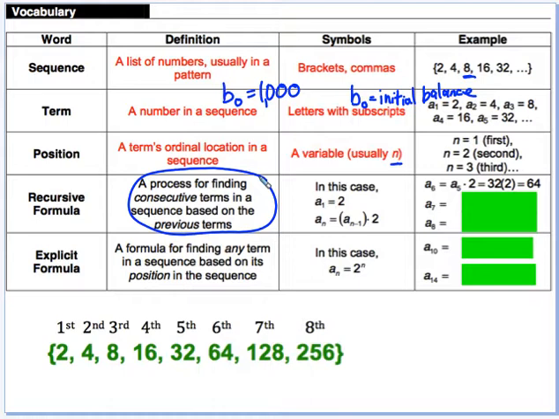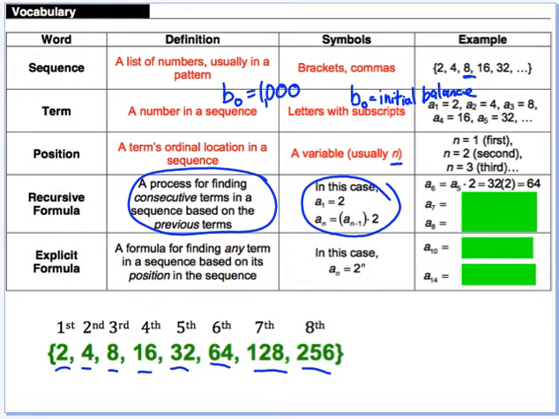Down here, we have this example. We have a sub 1, our first term, equal to 2, and to find the next term, we're going to multiply our previous term by 2. So in our pattern, we get 2, 4, 8, 16, 32, 64, 128, and then 256.